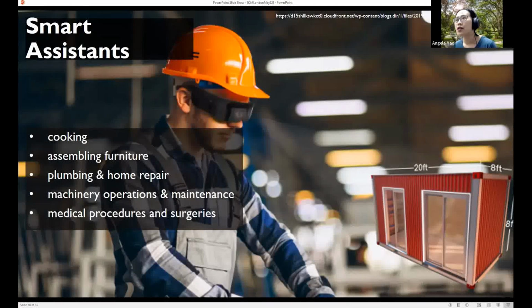You can imagine in this setting you're wearing some AR or VR goggles and you want to complete some task. This task maybe has multiple steps and is quite complex. Some examples are cooking, assembling some furniture, or doing some plumbing and repair. Then it's an ideal setting where you can have some assistance to help guide you through whatever you're doing step by step, right?